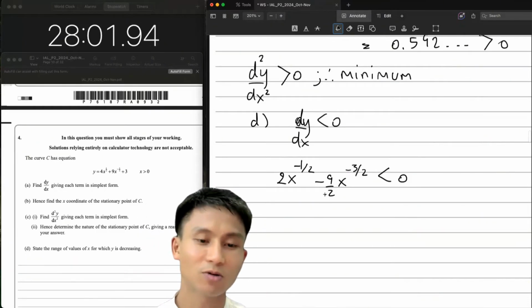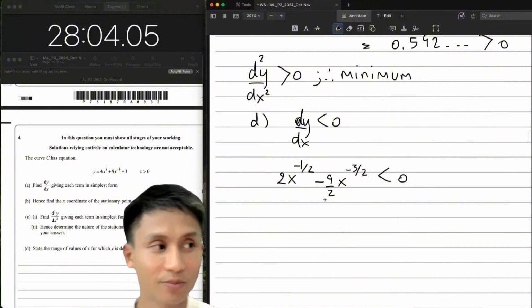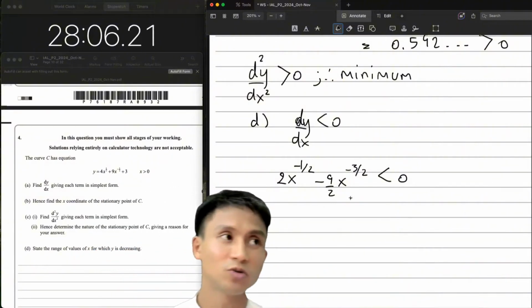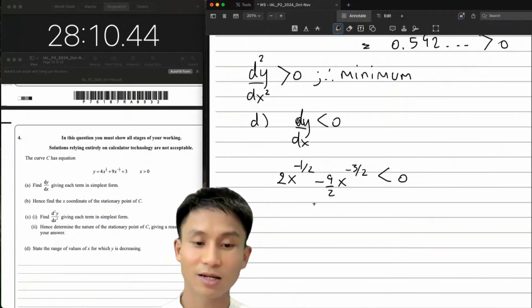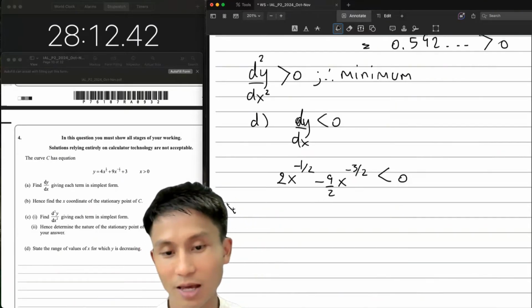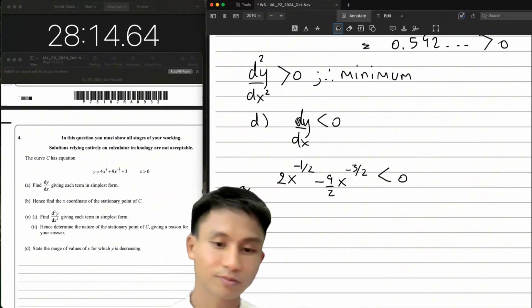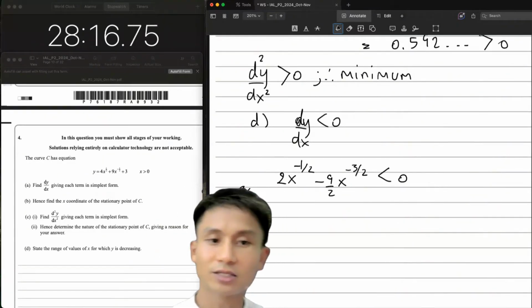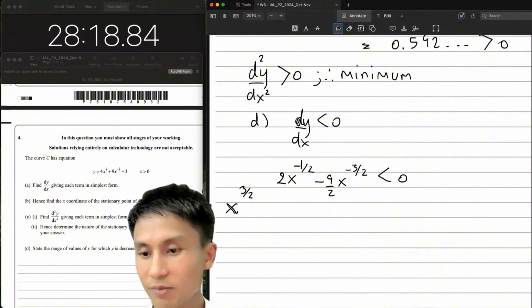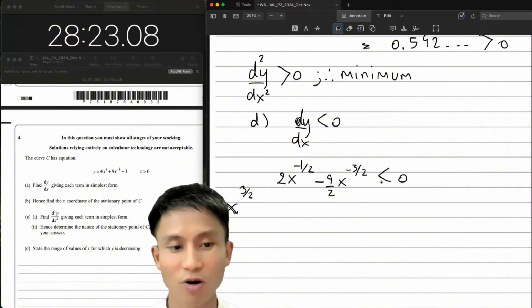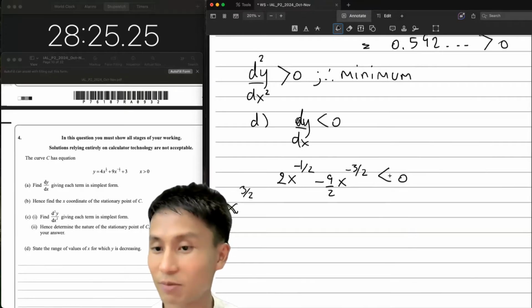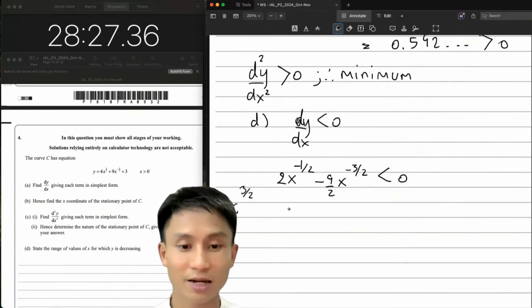So what if I multiply by x to the 1 over 2? No, maybe 3 over 2. How about that? If we multiply by x to the 3 over 2, because x is greater than 0, this should be greater than 0. So we have no problem with multiplying an inequality there because that's not going to flip my sign.